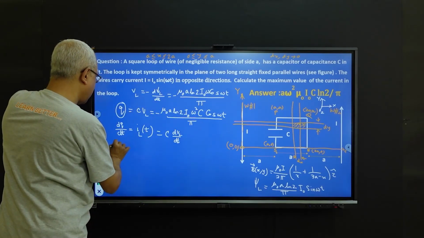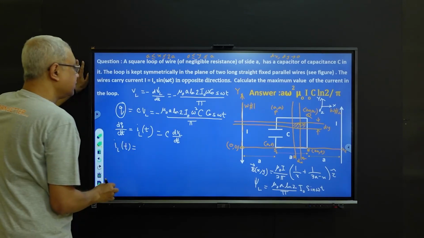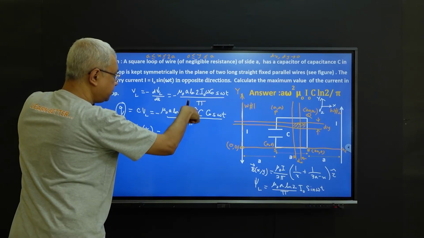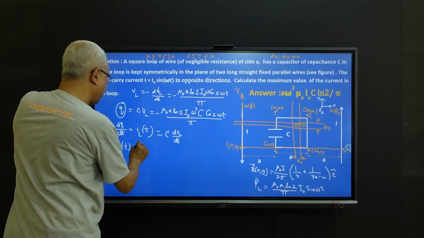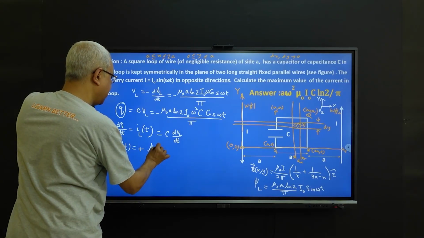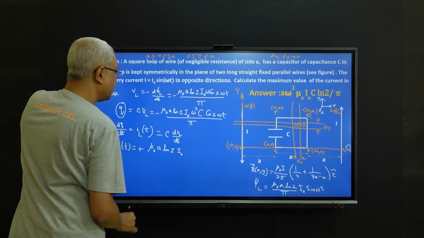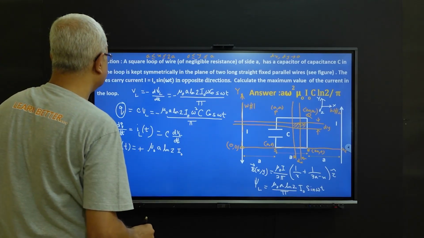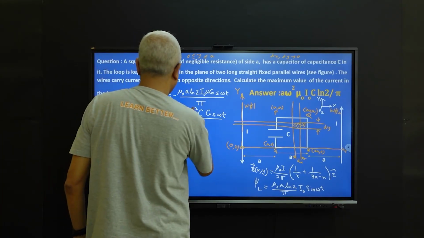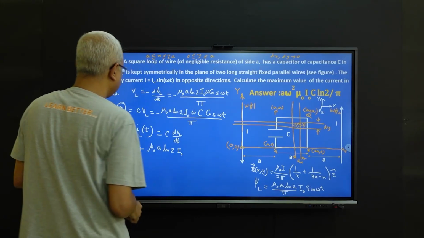So IL t is, there is a cos function, so when differentiated it gives a negative sign, so I get ultimately a positive sign, mu naught A ln 2 I naught. Here actually I should not put omega square, it is omega only.